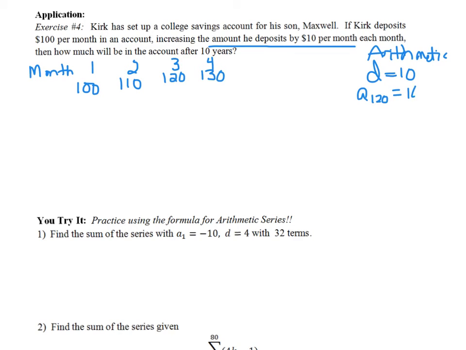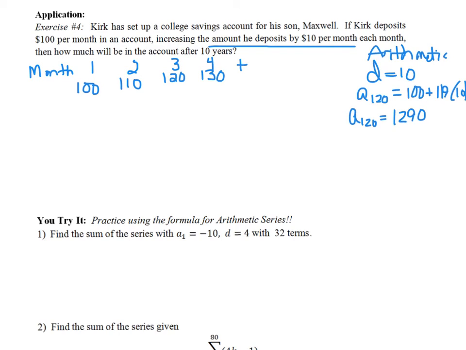His first value was 100, and we add on n minus 1, which is 119, times 10, to get the 120th term. So in the last month, he's going to deposit $1,290.